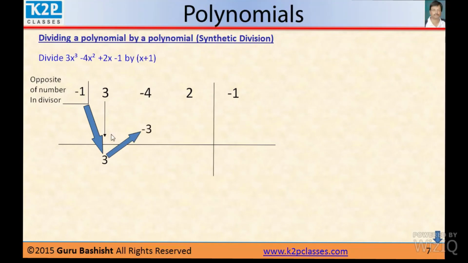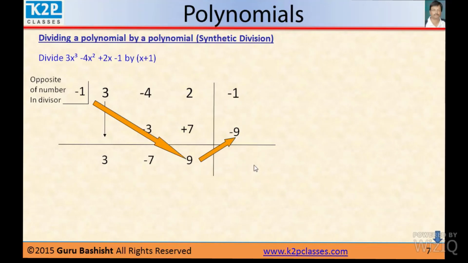So if you multiply minus 1 to 3, first you have to copy this from here, then with this minus 1, 3, it becomes minus 3 here. Add, minus 7. Then again minus 1 with minus 7, it is plus 7. Add this to 2, 9 here. Then minus 1, 9.